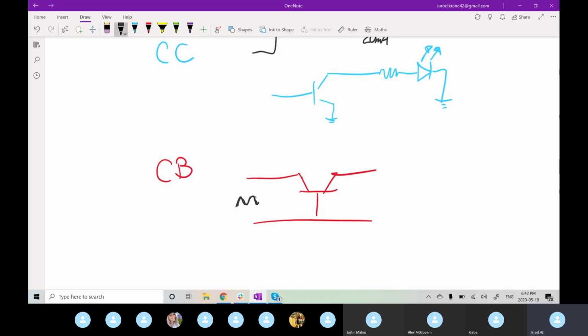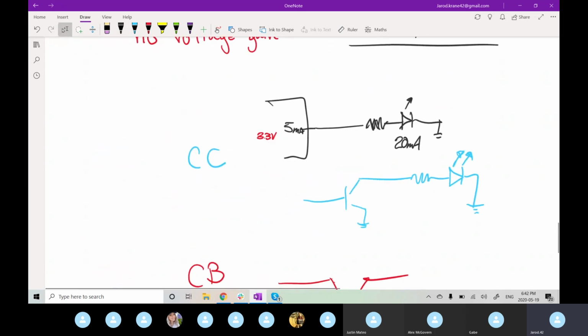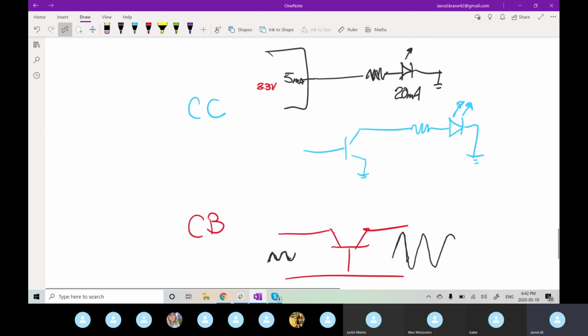We may have a low magnitude, small voltage AC signal coming in, and then we are able to create a voltage gain so that our output voltage is a much larger magnitude without having to do much modifying of the signal.